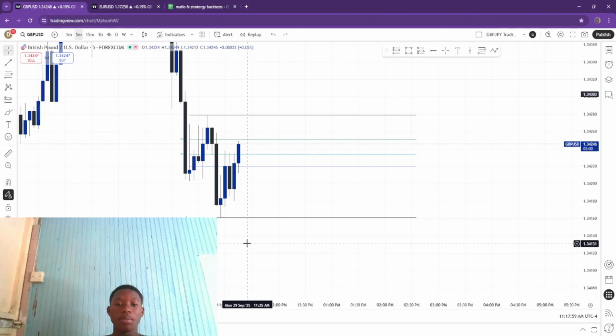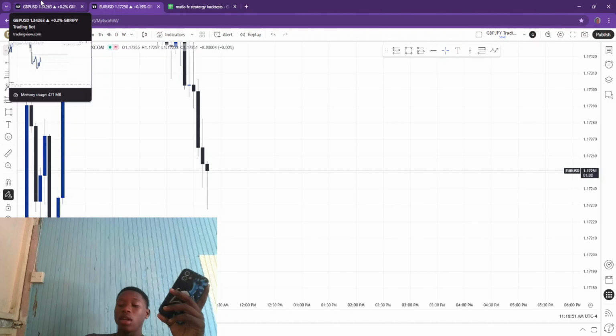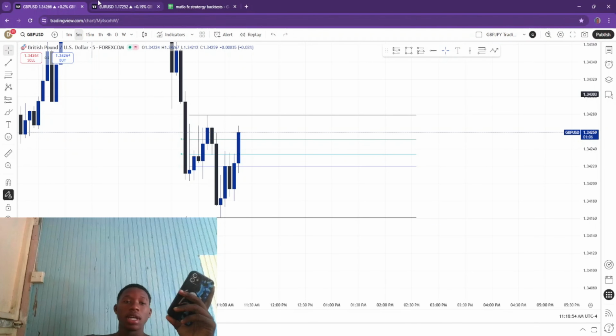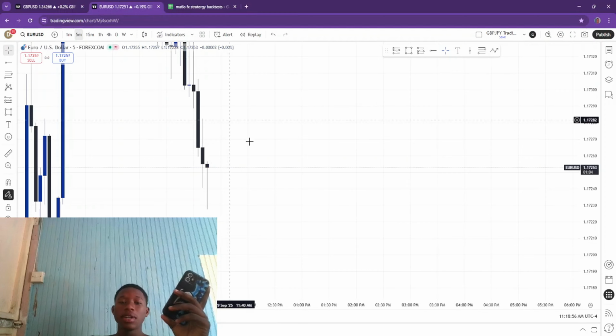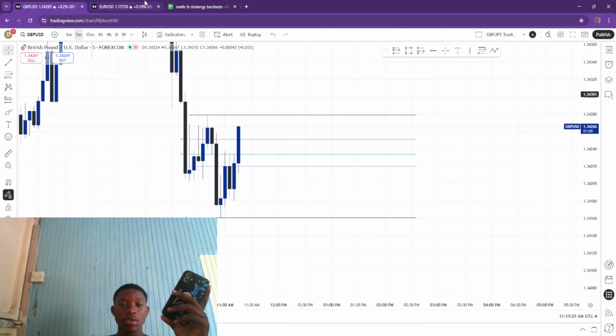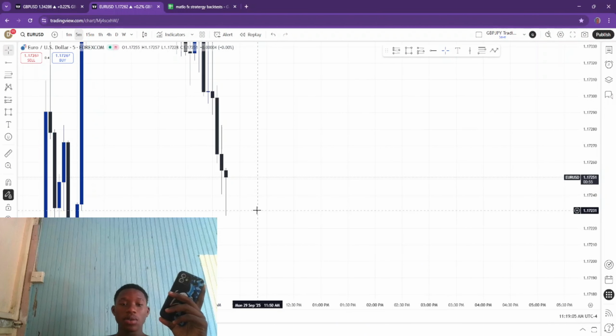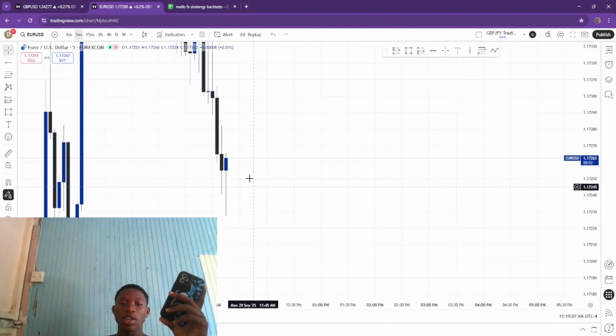GBP USD going up. See why we didn't take that trade? Just a low probability trade. That would have hit our stop loss and we would have been down for the day. Seeing some tension pulling up GBP USD. Euro USD going down though. Okay, it filled out the FVG, so that's not a trade again.